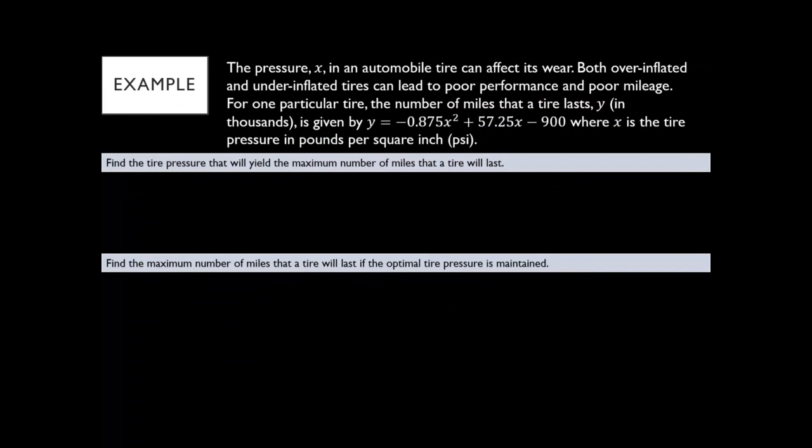So here's another one, and this again comes from real situations. This one's for tire pressure, but believe it or not, the miles per gallon you get for your car is also a parabola, or quadratic, because it depends on your speed.